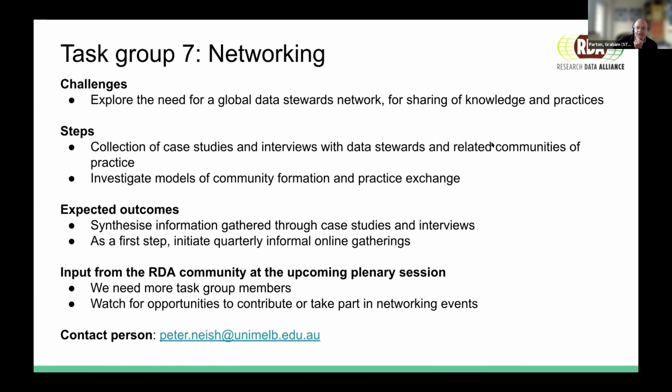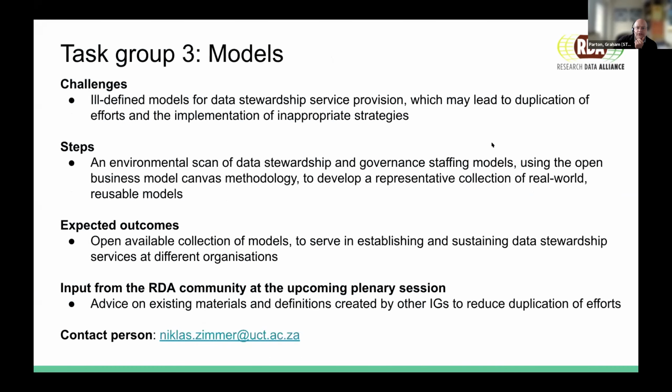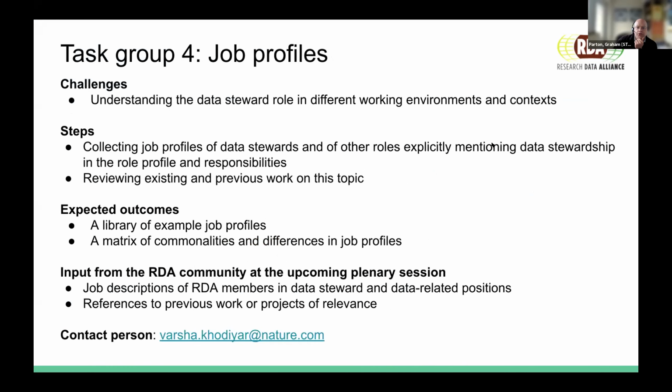I'm just jumping down on the slides. There was one of the other task groups, task group 4, the job profiles. And I think that's what you're touching on there, isn't it, Christina? Well, not so much job profiles. Where I'm thinking about this is in terms of terminology and the body of knowledge.